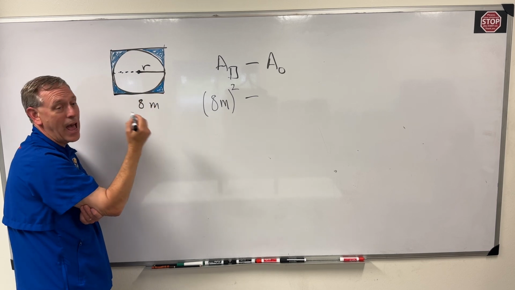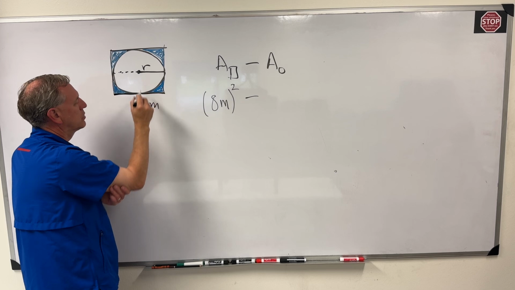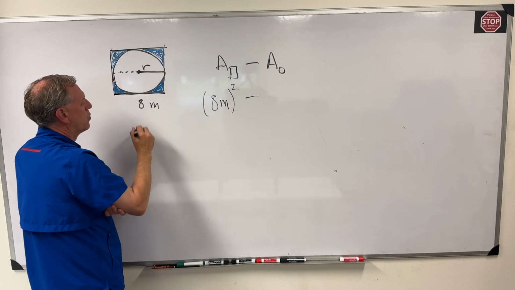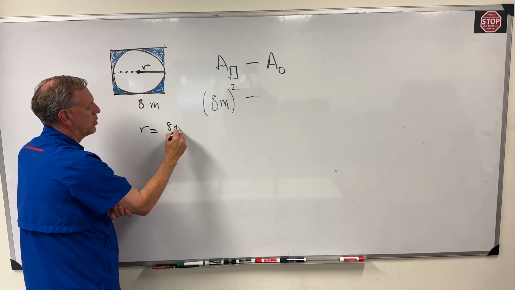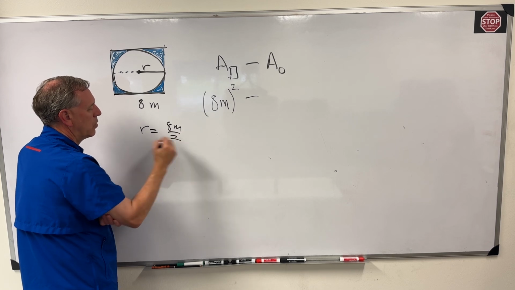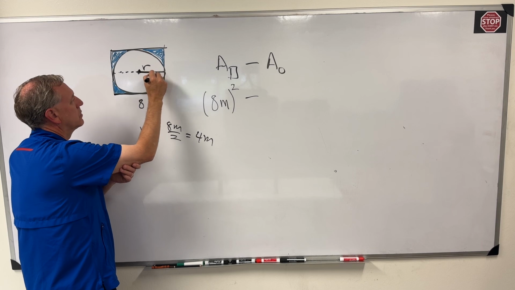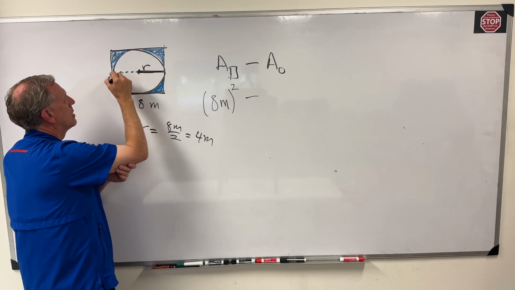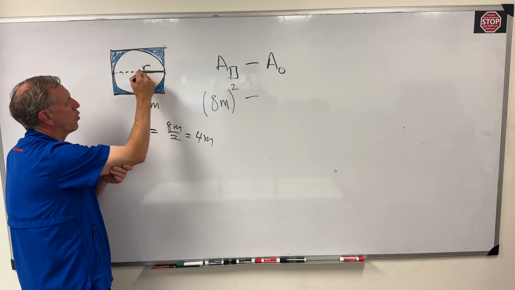The radius is half that. So if the diameter is 8 meters, the radius has to equal 8 meters divided by 2, or 4 meters. So the radius is from there to there. The diameter is 8 all the way across. The radius is 4 from there to there.